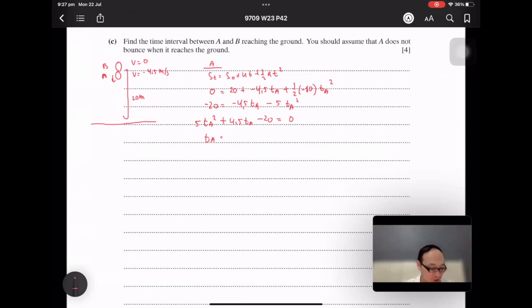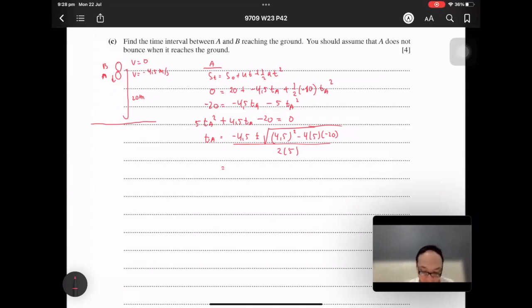So if we use the formula, it will be negative 4.5 plus minus the square root of 4.5 squared minus 4 times 5 times negative 20, over 2 times 5. So that equals 4.5 squared plus 20 times 20, and then you root it.